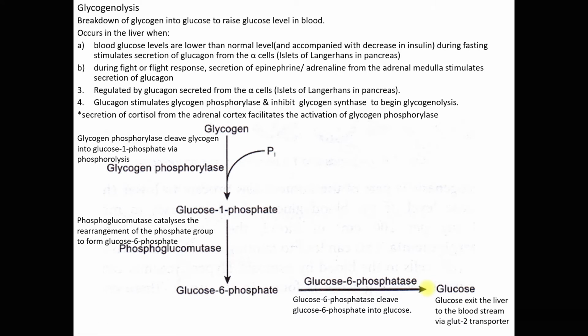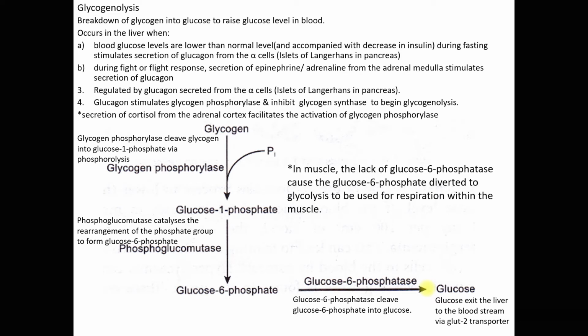So the glucose exits the liver to the bloodstream via the GLUT2 transporter. This GLUT2 transporter can be found on the surface of the liver cells.